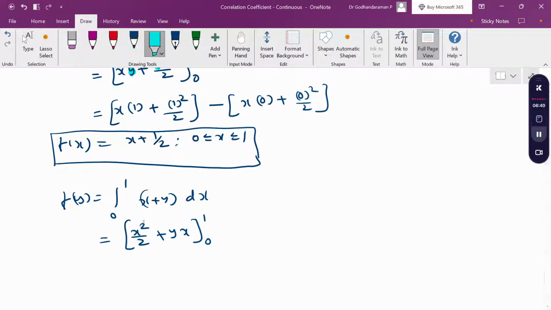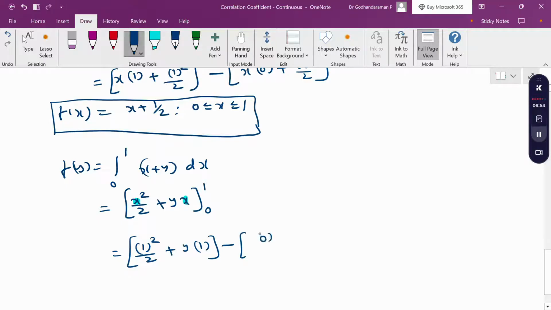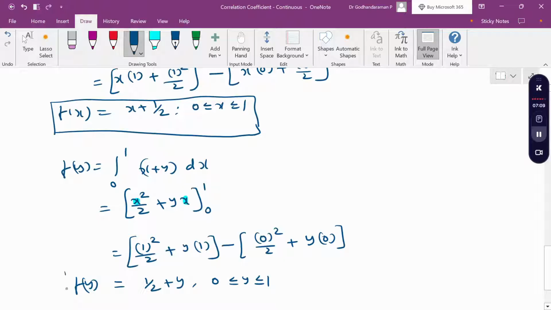As usual, substitute the upper limit in terms of x: 1 square by 2 plus y into 1 is the upper limit, minus the lower limit 0 square by 2 plus y into 0. The whole lower limit value is 0. Therefore 1 by 2 plus y, with y in the range 0 to 1. This is the marginal function of y.